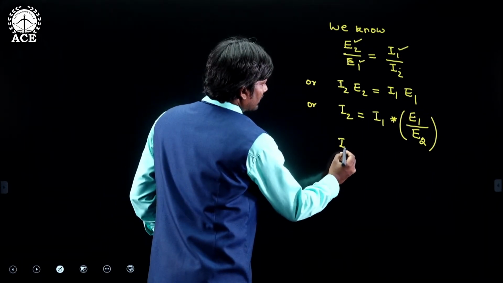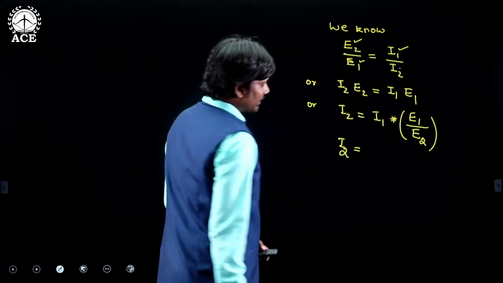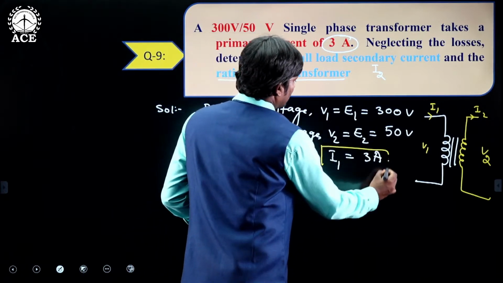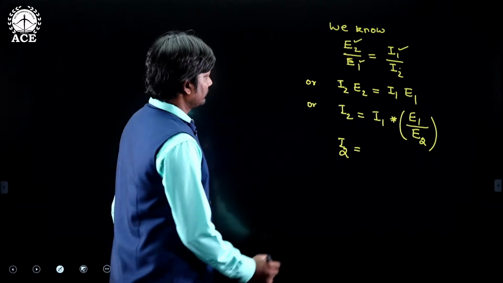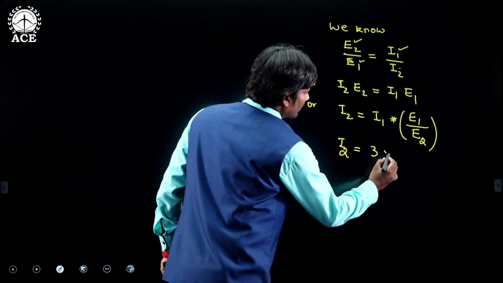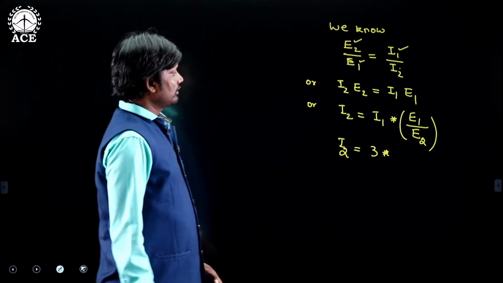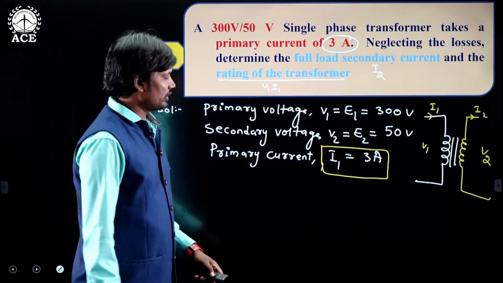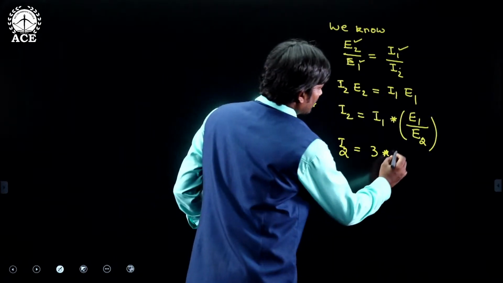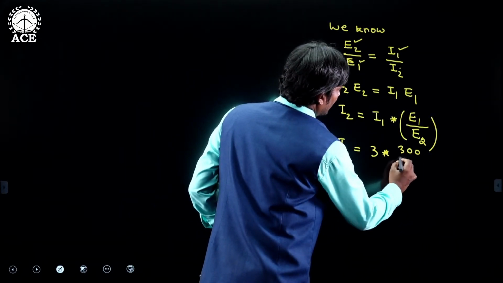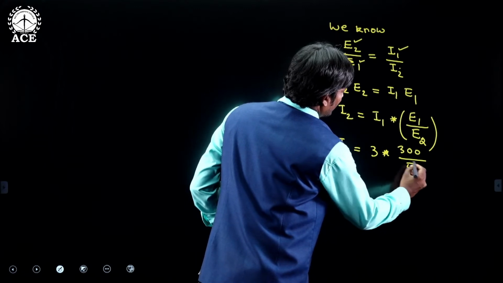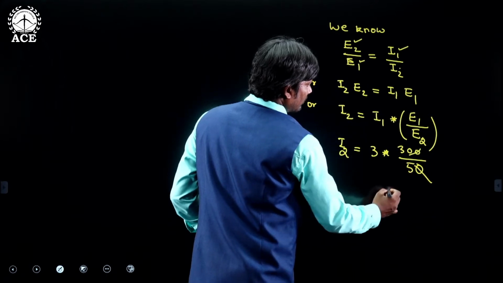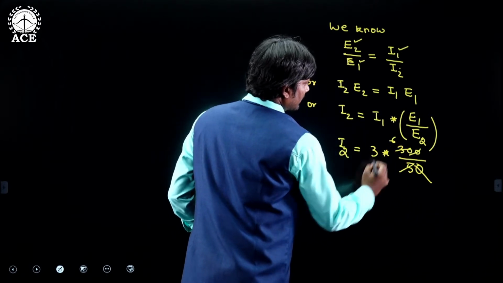I2 is equal to how much? I1, we will verify this one. I1 is 3 amps, this is 3 into E1. E1 is 300 volts and E2 is 50 volts. Now cancel this 0, this is 6.